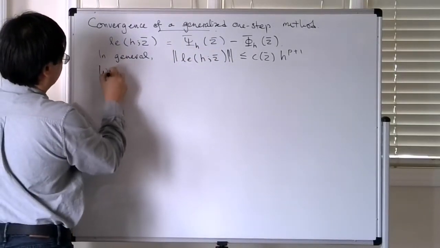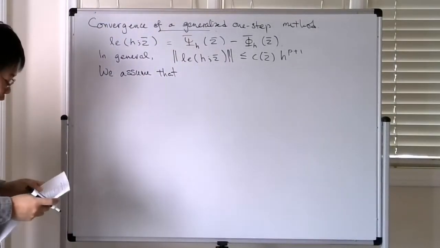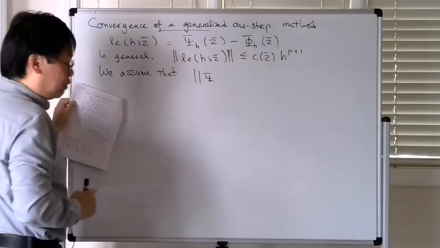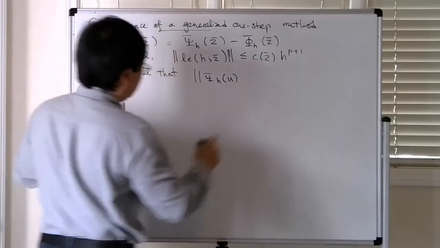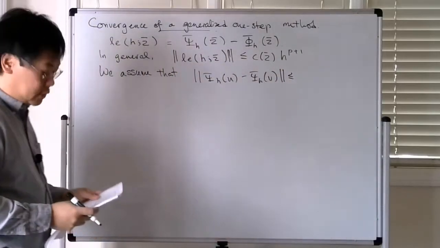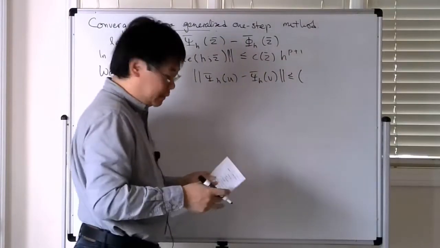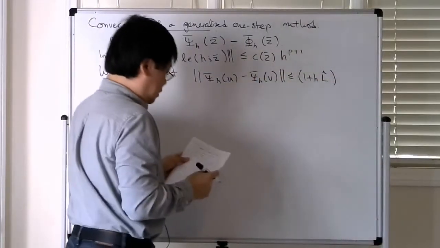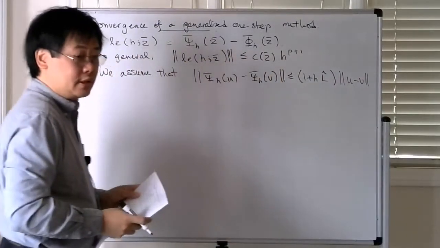So we assume further that there's some sort of Lipschitz continuity: the numerical method, again with time step h, applied to two different pieces of initial data, satisfies a Lipschitz continuity which depends on the time step. So this is 1 plus h L hat, and then there's a norm which measures the difference between the data.